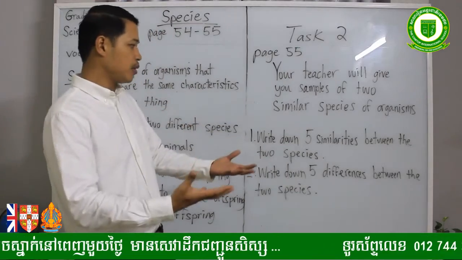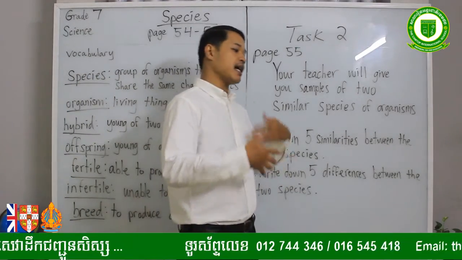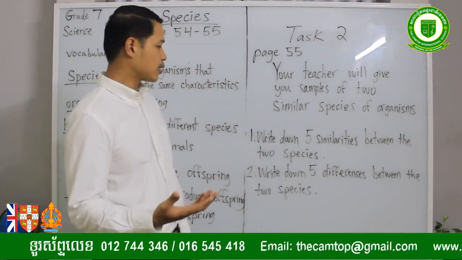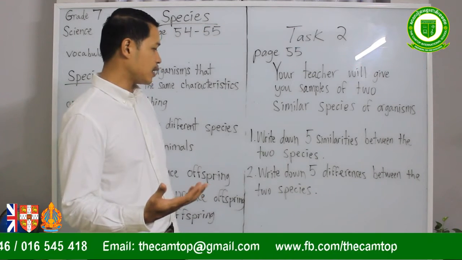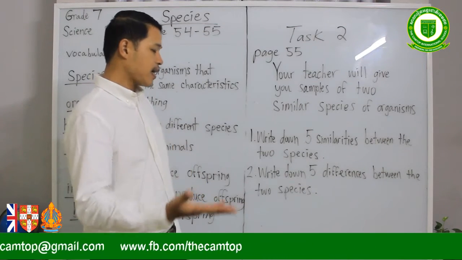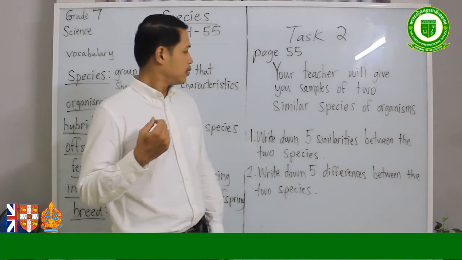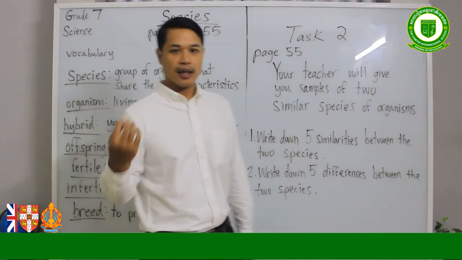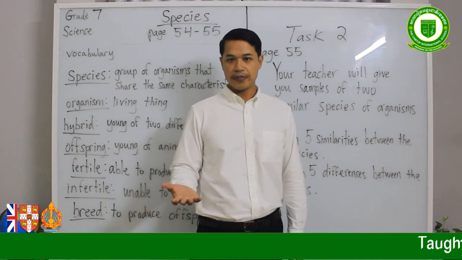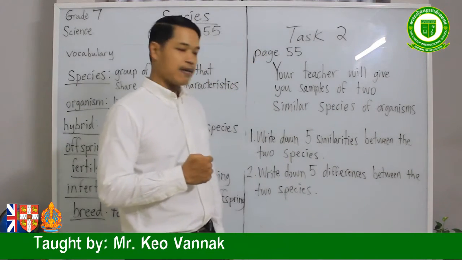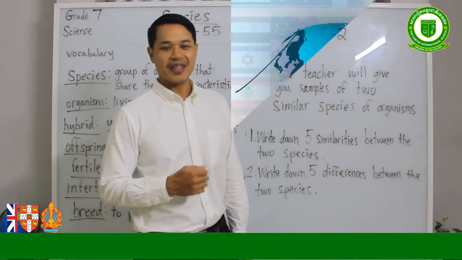You look at the animals and see how they are similar and how they are different, and then write it down in your science notebook. Once you are finished, upload it to our group. And that will be it for this video. Bye.